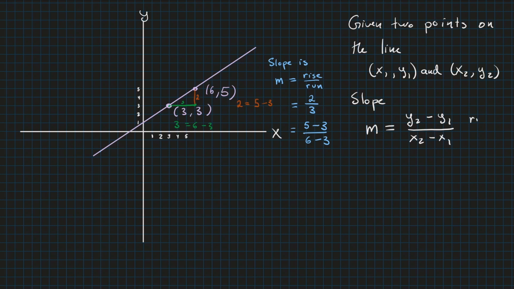And this is the rise over run. That's the general formula for the slope given 2 points. All you need to do is find 2 points on that line.